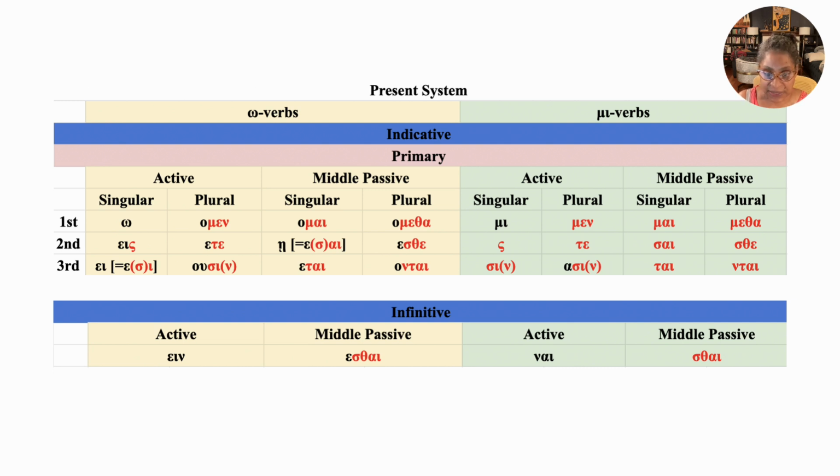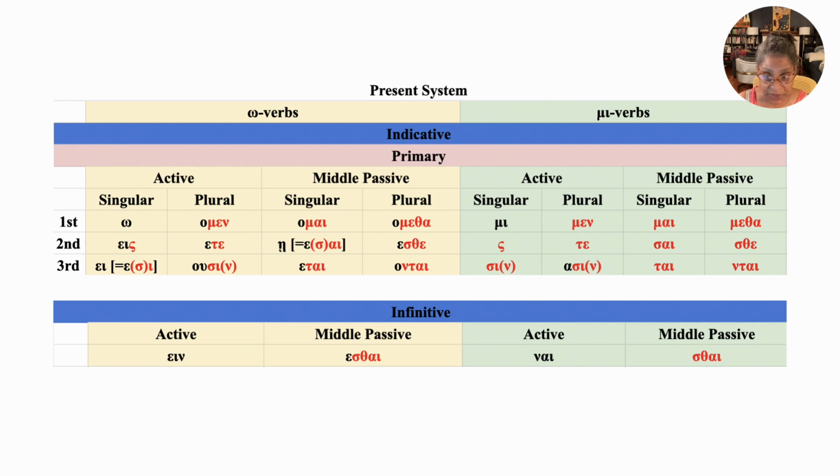And the second person is -sai. Well, in the omega verbs, it's -esai originally, and the sigma will fall out, and then you're left with epsilon, alpha, iota.